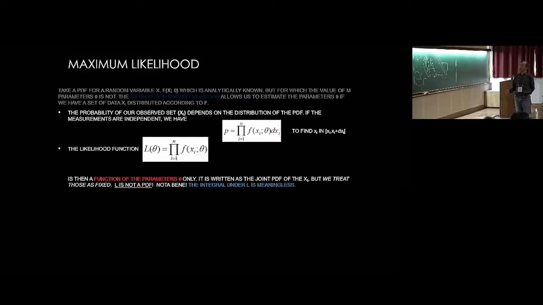If we have some data that are sampled from X, we get information about theta from the data because the data come with a probability which depends on theta. The probability of the data depends on the PDF, okay?